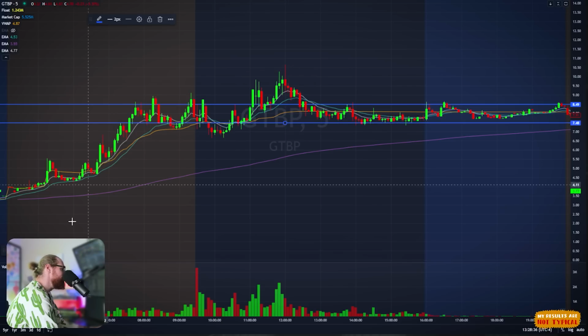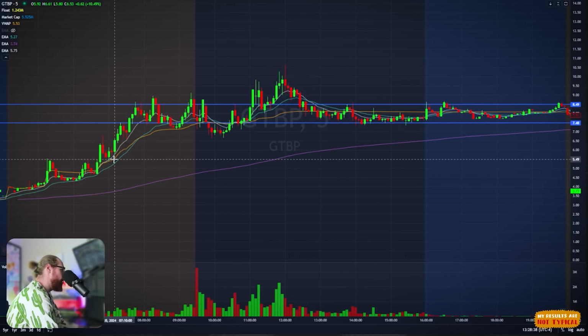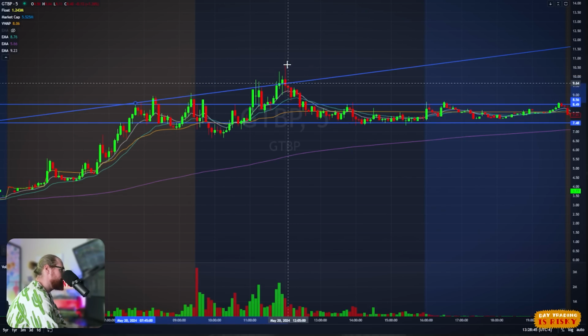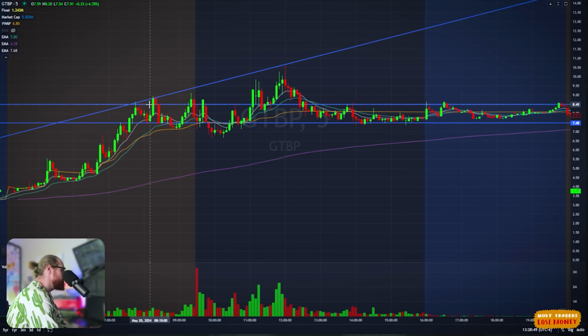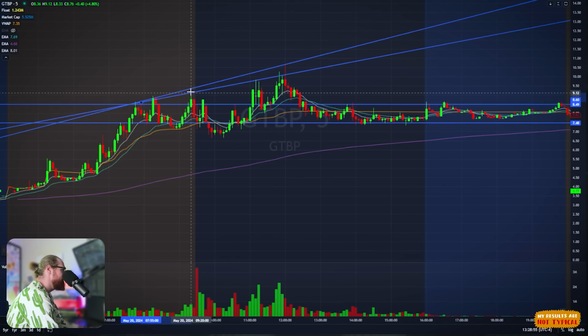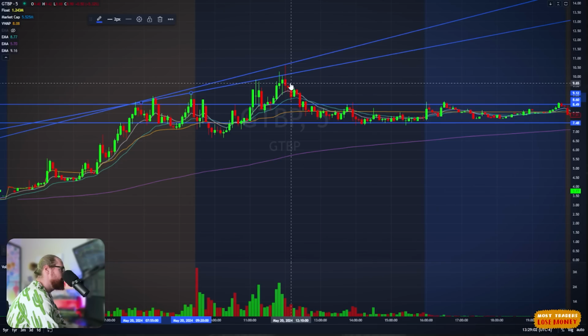But where it gets a little confusing is when you're drawing support and resistance lines that are on angles. So you start drawing something like this, for instance, or you say, I want to find the spot where this seems to touch in the most places. And that's what I do. I don't have to connect the tops necessarily, but I connect the candles to make sure that it touches in the most places.